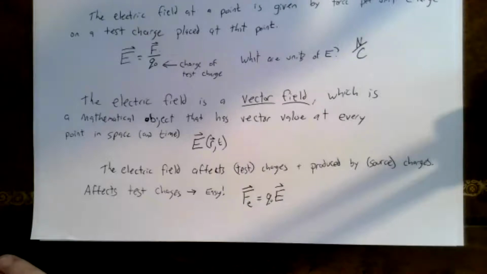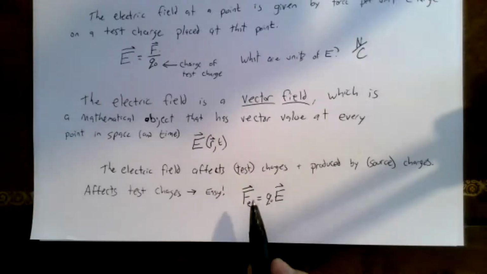I'll give you a minute and then we'll go on to how it's produced by the source charges. That's the trickier one. But you can see it's not going to be that different since we know how to get the electric force from Coulomb's law. You're going to see it's pretty similar to get the electric field. There's just this factor of the test charge.